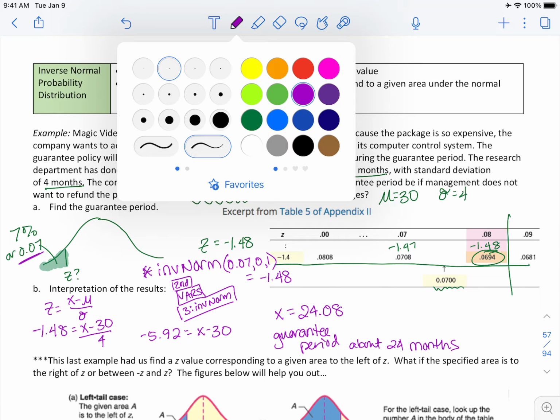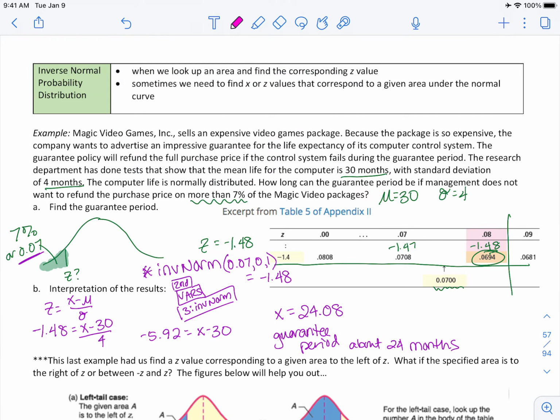Now, just like how we can do this with the z-score values, we can use x values just like we did with the other problem. So I can also do this inverse norm, and I'm going to put in my area is 0.07, and I could also put in just my mean and standard deviation, my 30 and my 4. And then if I put this in, it will get us directly to the x value.